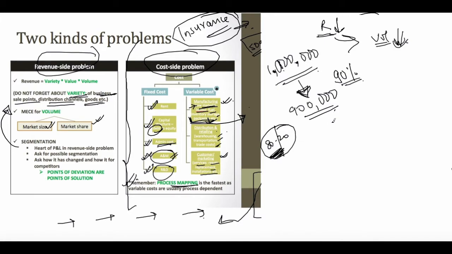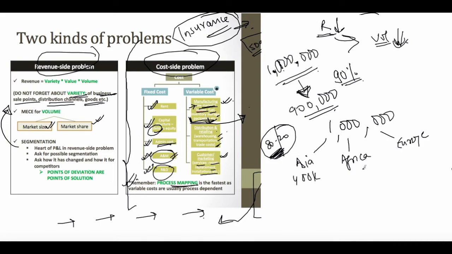Let's say my 1 million was from a multinational corporation serving Asia, Africa and Europe, and my order size used to be 400k, 300k, 200k. Europe is 300k initially.